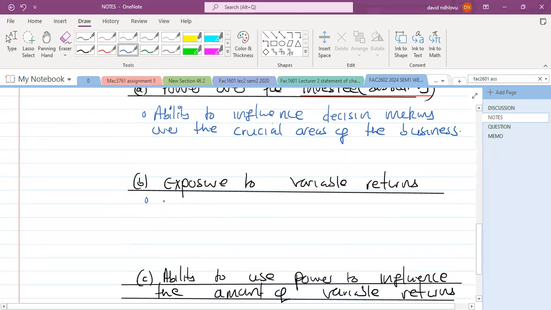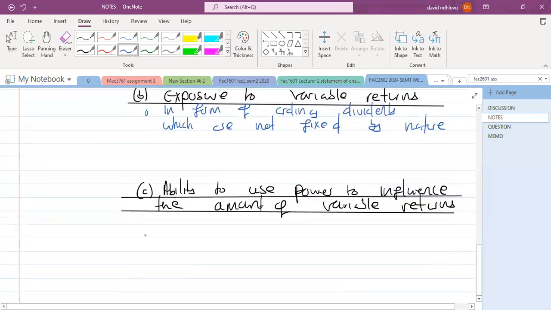So here it should be in the form of ordinary dividends, which are not fixed by nature. You are the one who then makes a decision over the amount of dividend to be received.